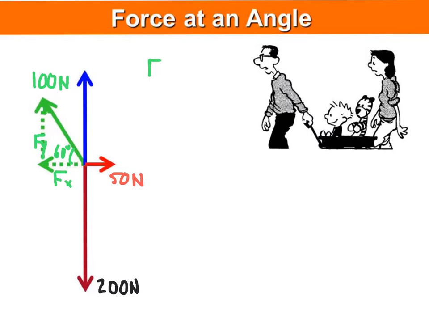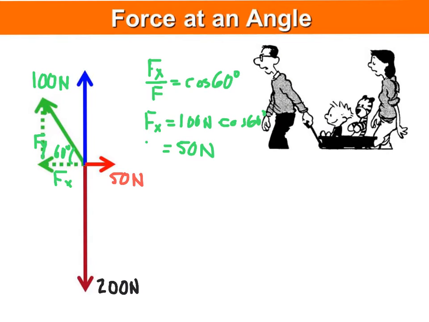So we could say that Fx over my total force, adjacent over hypotenuse, is equal to the cosine of 60 degrees. So when we solve for that, Fx, my horizontal component, becomes 100 newtons times the cosine of 60 degrees, and if we solve that, we end up with 50 newtons Fx.